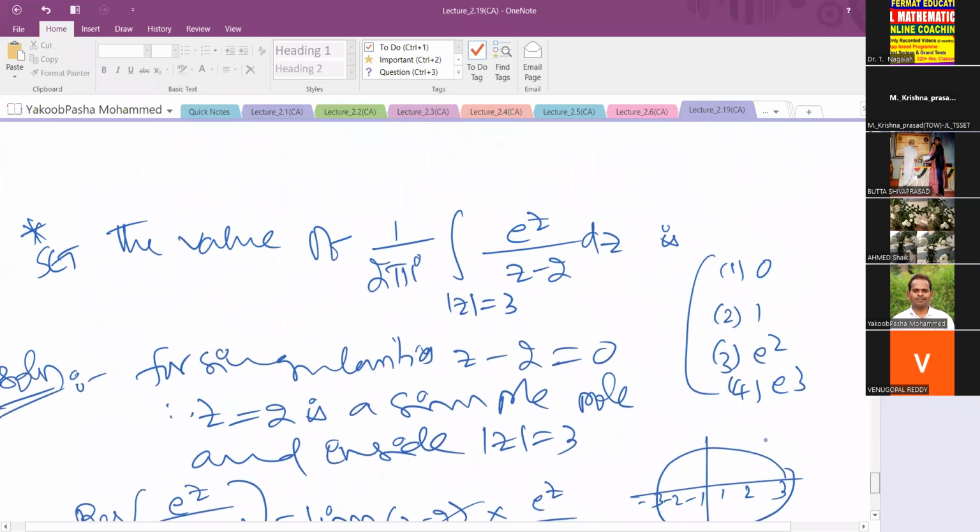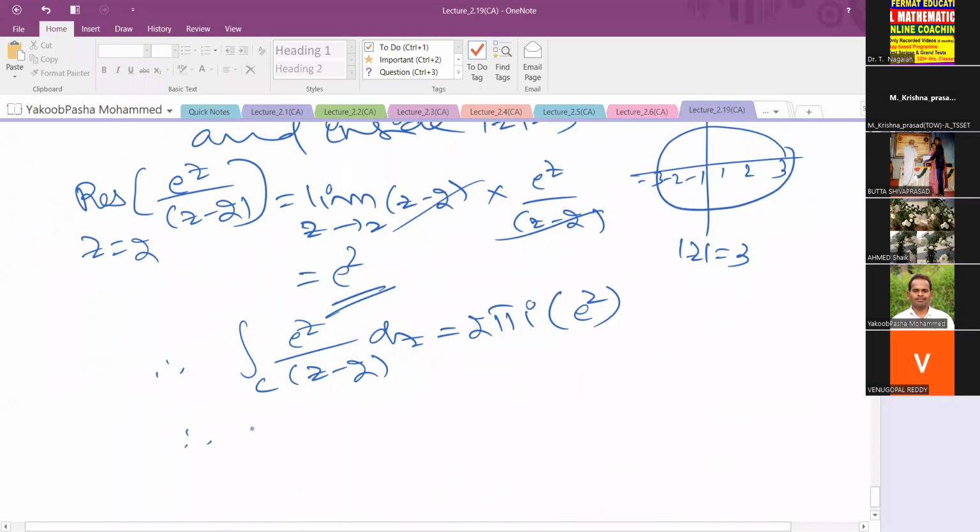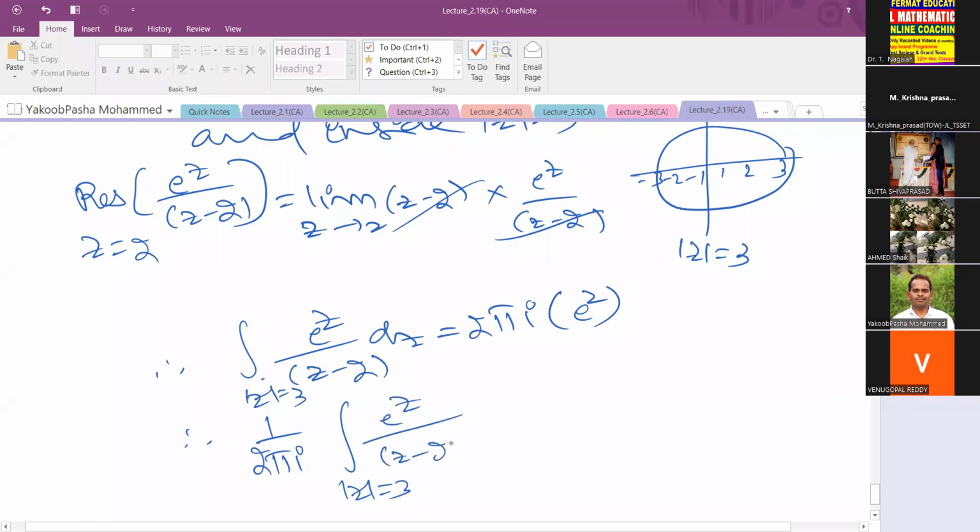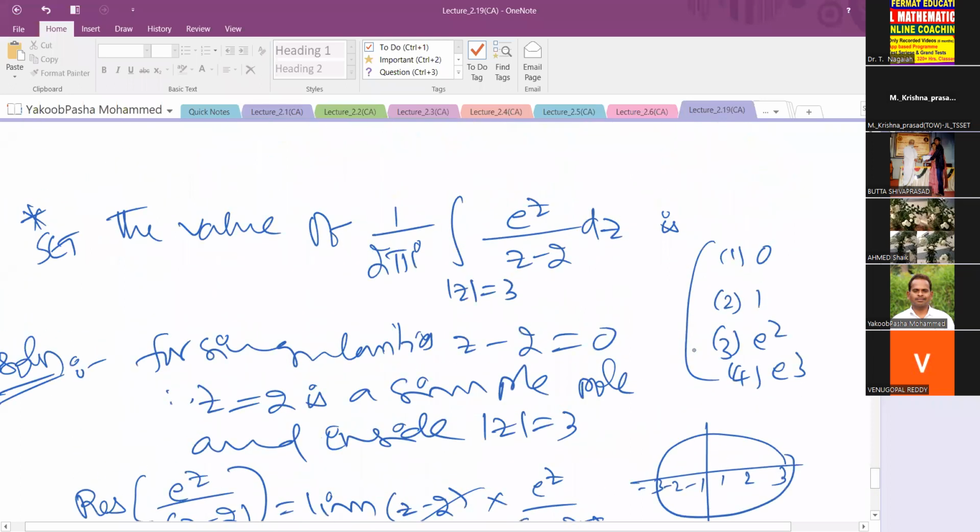But we have to calculate the value of 1 by 2 pi i integral over C, where C is modulus of z is equal to 3. So 1 by 2 pi i integral of e power z divided by z minus 2 dz is equal to e square. e square is the right option. Okay, so the third option is the right option.